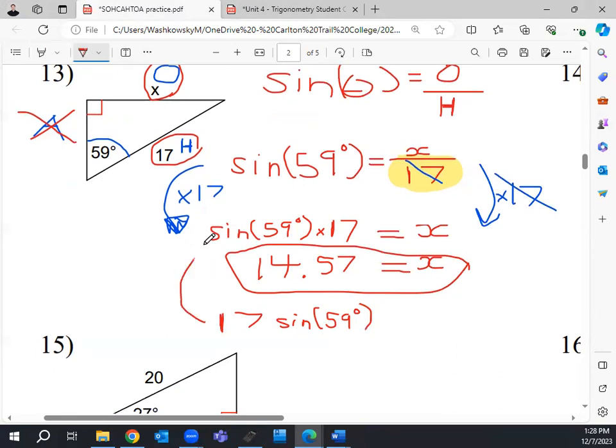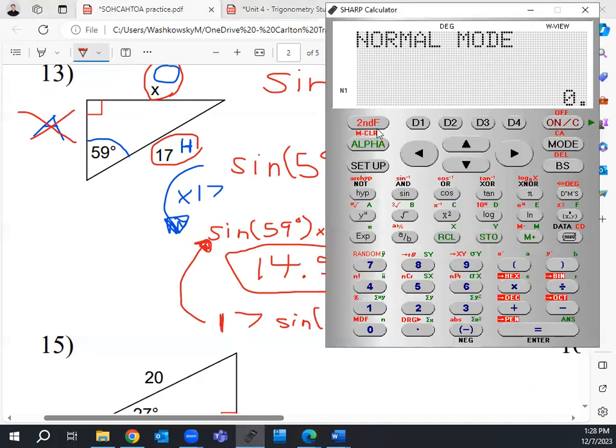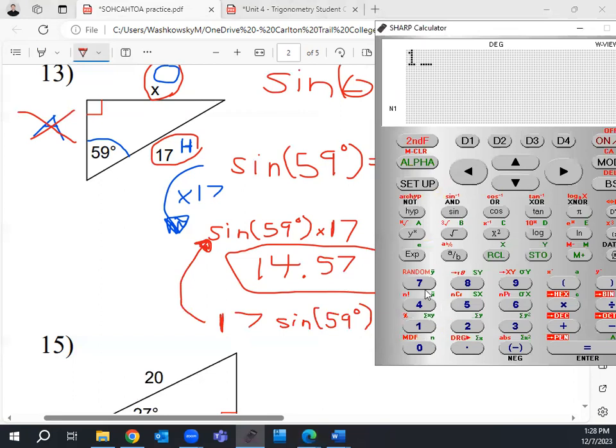So this is the exact same thing as sine of 59 degrees times 17. If you put that in your calculator, just like that, 17 sine of 59, you're going to get the exact same answer. So you're going to occasionally see the two different formats. You can do whichever works for you, but we need to understand that that is the same thing.